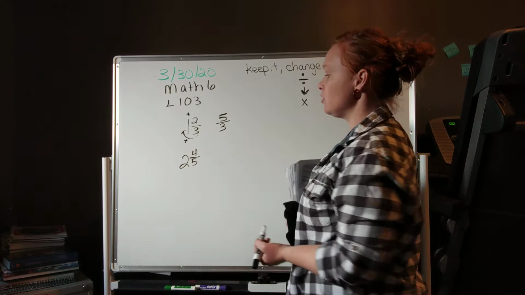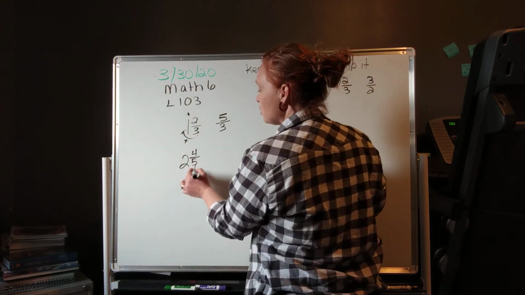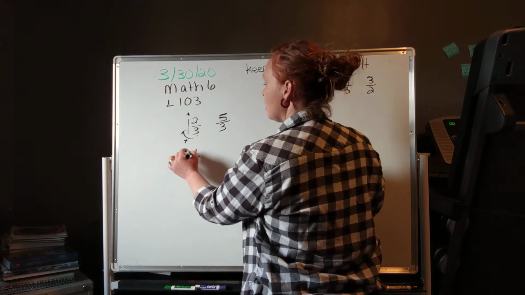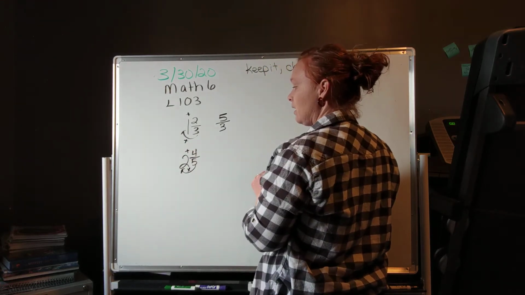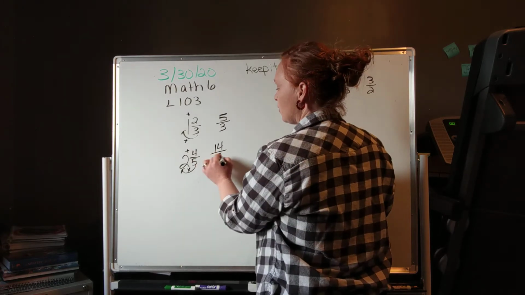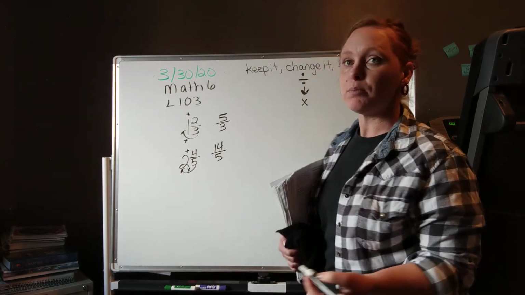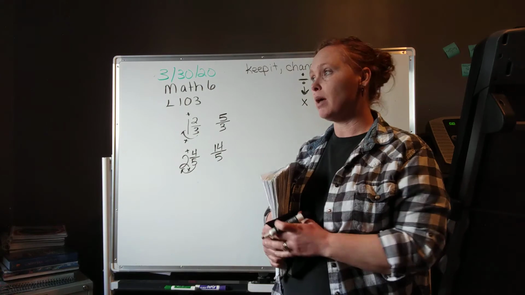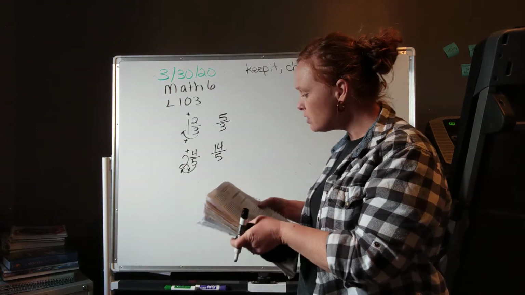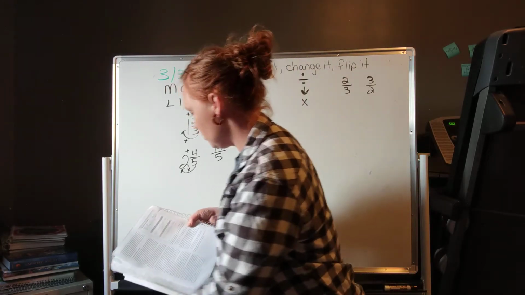Okay, let's change that into an improper fraction. So I multiply 2 times 5 is 10, plus 4 is 14. That becomes my numerator, and my denominator remains 5. And we need an improper fraction in order to multiply and work with these fractions a little bit better. Okay? So let's go ahead and do some of the examples.